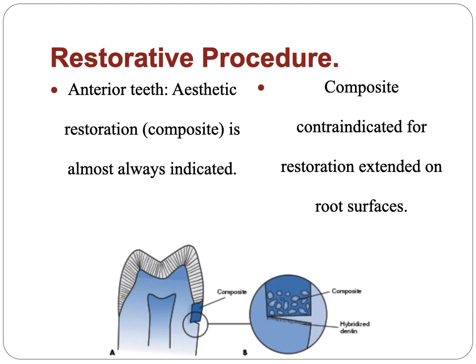On the root surface, as you see here, we have a gap that will form in this area because polymerization shrinkage will pull the composite away from the dentine on the root. So in this situation, it's very important to place the resin modified glass ionomer, as we said before. Resin modified glass ionomer will seal this area, and it will decrease the stresses placed by the polymerization shrinkage caused by the composite.